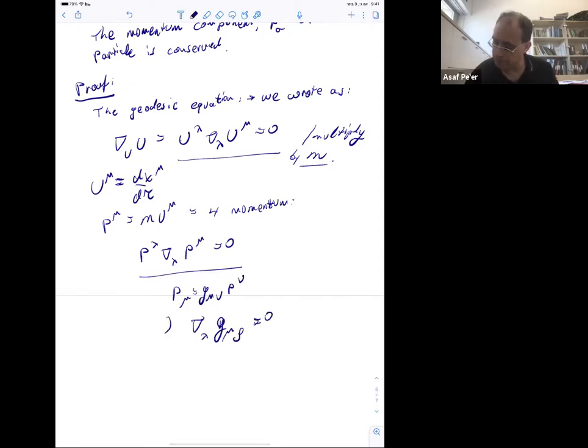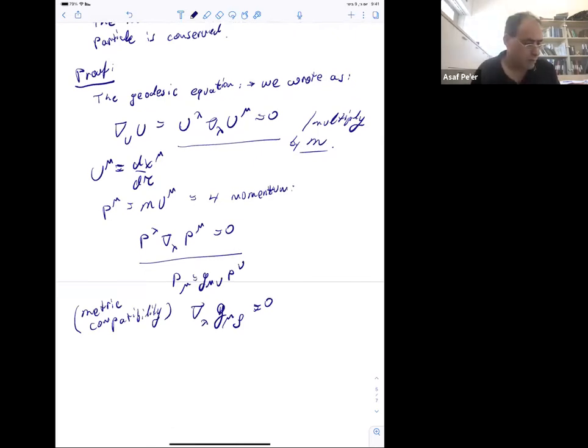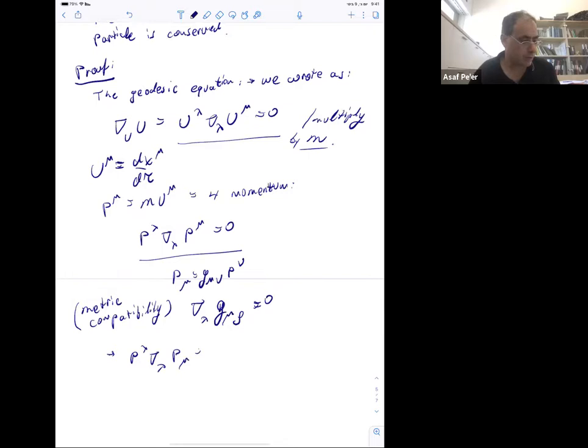This is the metric compatibility. I can just use it to lower the index. So we have p lambda nabla lambda p mu is equal to 0.